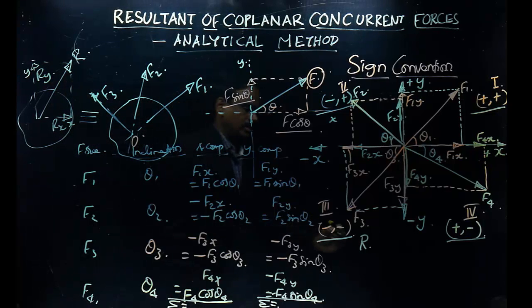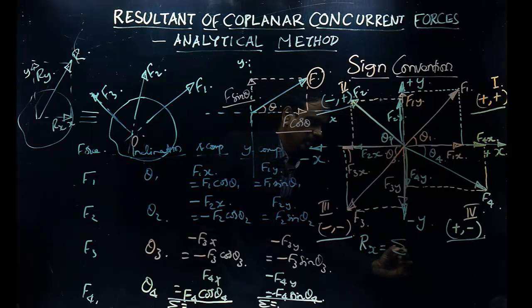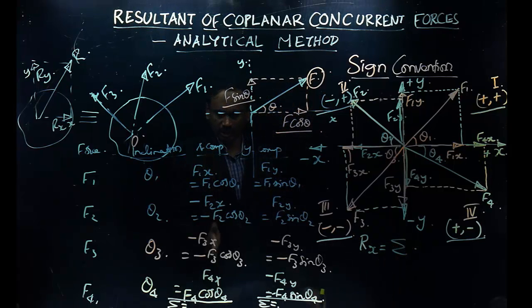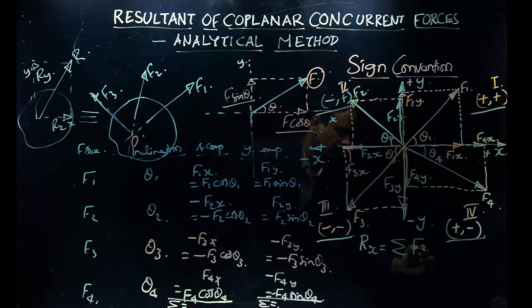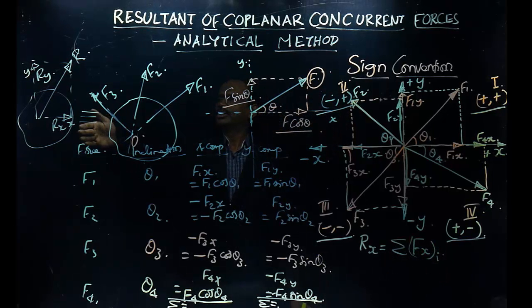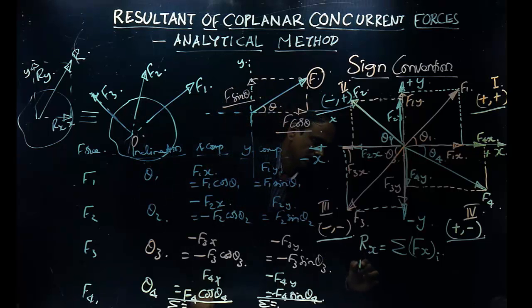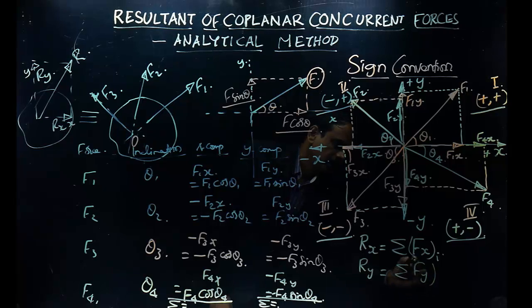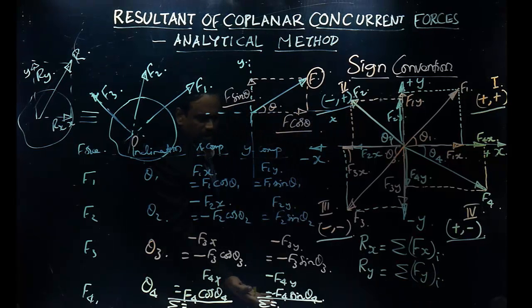This Rx is equal to summation of the x components of all the forces considering this sign convention. So it will be sigma Fxi. In the similar manner, the y component of the resultant is equal to sigma Fyi. These summations we can obtain from here. Sum up all the y components, that will give me the y component of the resultant force.